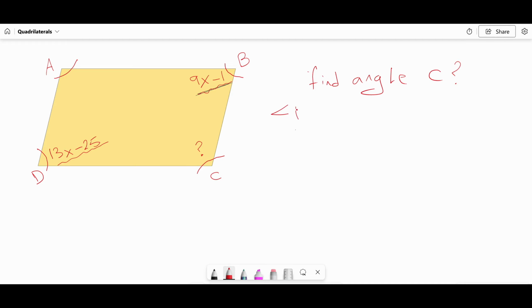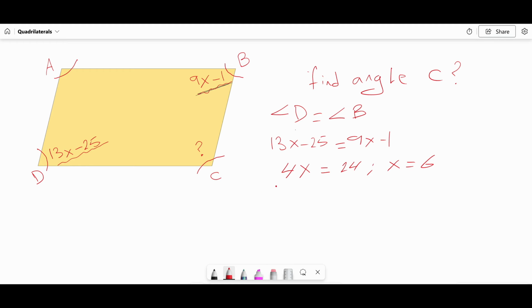We have that angle D is equal to angle B. So 13x minus 25 is equal to 9x minus 1. 4x is equal to 24, and we have that x is equal to 6. So let's substitute x in this angle here, 9x minus 1.